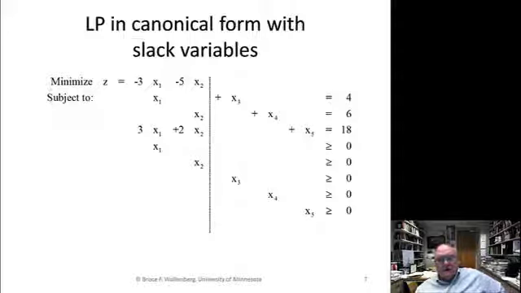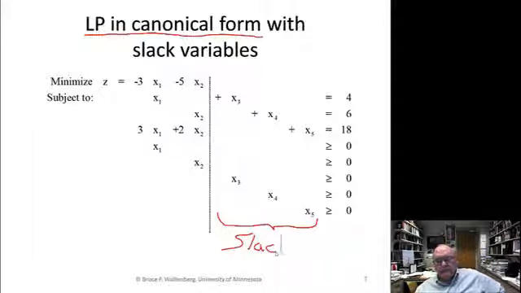So what we do is we put this in what the mathematicians like to call canonical form, and what we're doing is we're adding more variables. These variables over here are called slack variables, and essentially these are the original variables, as you can see, x1 and x2, but the slack variables allow us to start with x1 equal to 0 and x2 equal to 0.